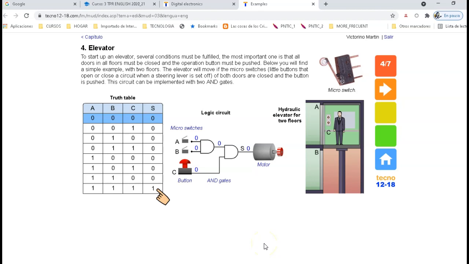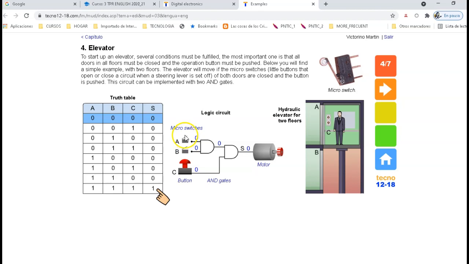Okay. Now we have a more complicated situation in the case of an elevator. In an elevator, the motor only works if we have the combination of three different situations. For the motor to be working, we have to fulfill that both gates have to be shut. Looking at these micro switches, this 0 means that the door is open.